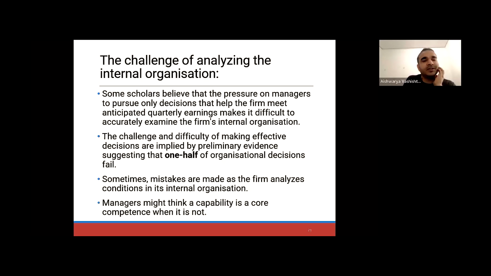And you will notice this throughout the course, that every other chapter, we will read such things which would be very pessimistic, that like in this case, one half of the organizational decisions fail. When we move to mergers and acquisition strategies, we will see that the majority of the M&As fail, right? More than 60-70% of the M&As fail, they are not successful.